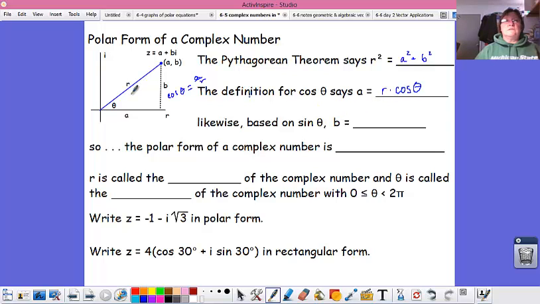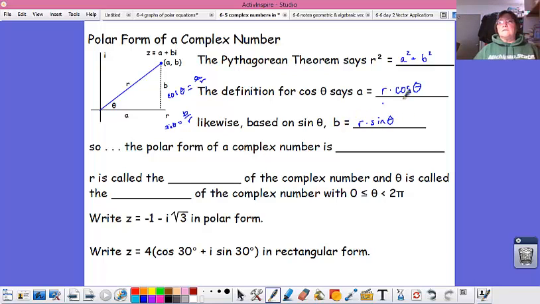Remember that cosine goes with the x value. Likewise, based on the sine ratio, you could do the same thing here. The sine of theta is equal to the opposite side b over r, so r sine theta would give you a value for b.